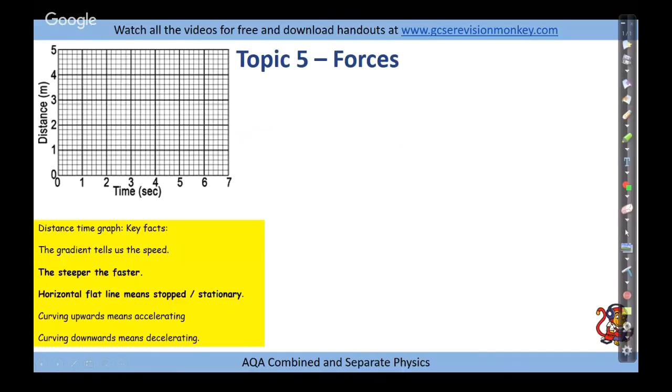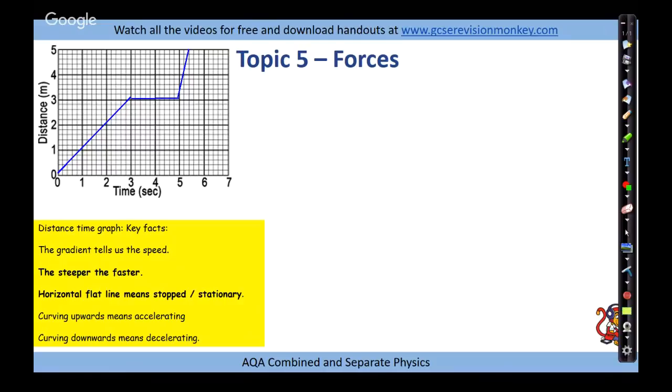Okay, so distance time graphs then. With a distance time graph, the gradient tells us the speed. So if I was to draw a line coming along here and being like that, we can compare here what the motion is doing. So for this part here, we have got a constant speed, stopped, and a faster speed here.